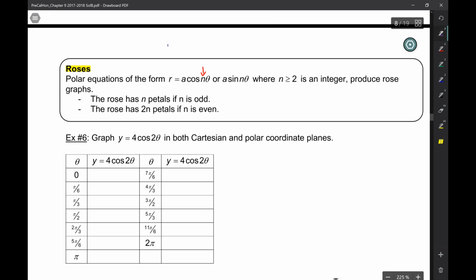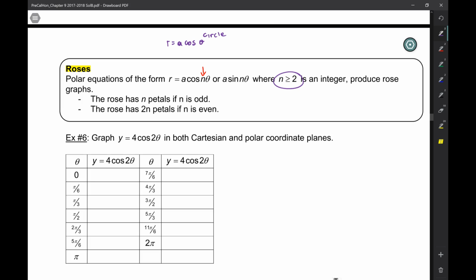So r equals A cosine 1 theta is a circle. So obviously n has to be greater than or equal to 2, so it has to be A cosine 2 theta and on in order for it to be a rose, such that n is an integer.